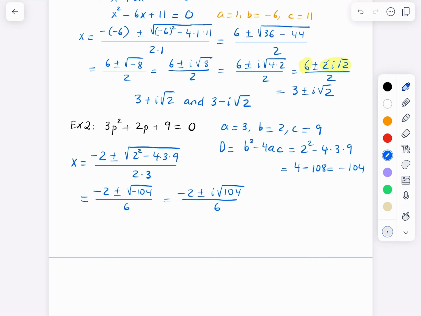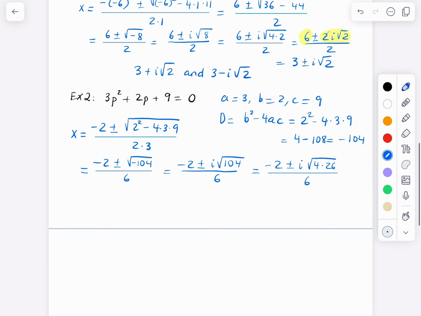And the answer is yes. We can factor that as 4 times 26. Of course, 26 can be factored further as 2 and 13. However, neither one of them is a perfect square, so it's not going to come out. So we really just need that 4. Then square root of 4 will become 2, which will come to the outside here. So 2i square root of 26 over 6.